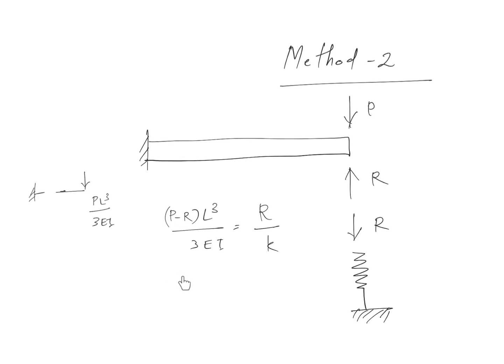So now solve for capital R. Then, if I call this equation 2, plug R into equation 2. Okay, so this is how we evaluate the displacement from method 2.